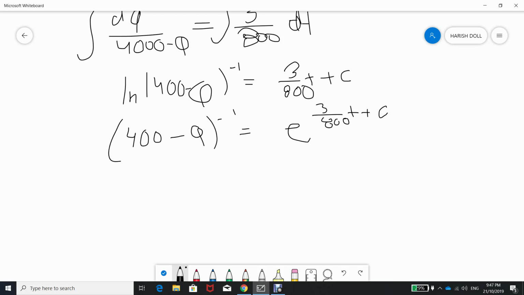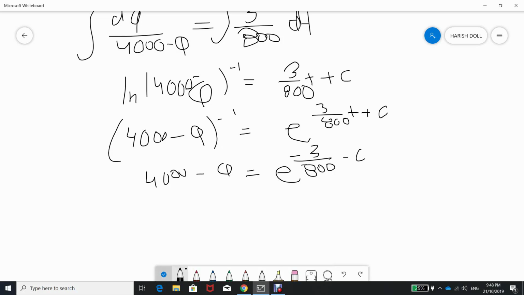Now this is an inverse, so we're going to find the inverse of that. 4,000, I'm sorry, it's 4,000 minus q is equivalent to e raised to negative 3 over 800 t minus c.